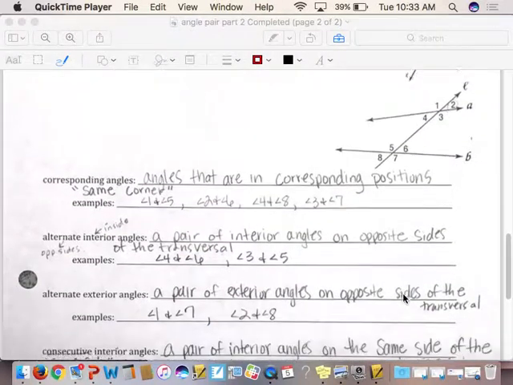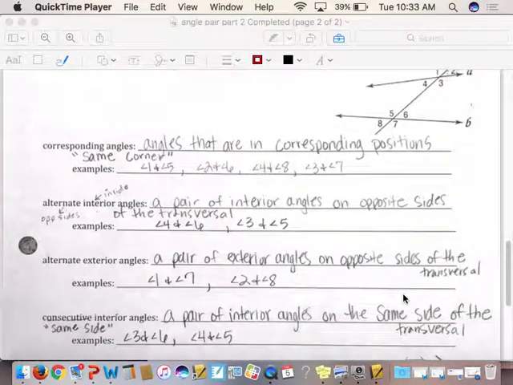All right, last definition here. The last one here is consecutive interior. Consecutive interior. Those are a pair of interior angles on the same side of the transversal.